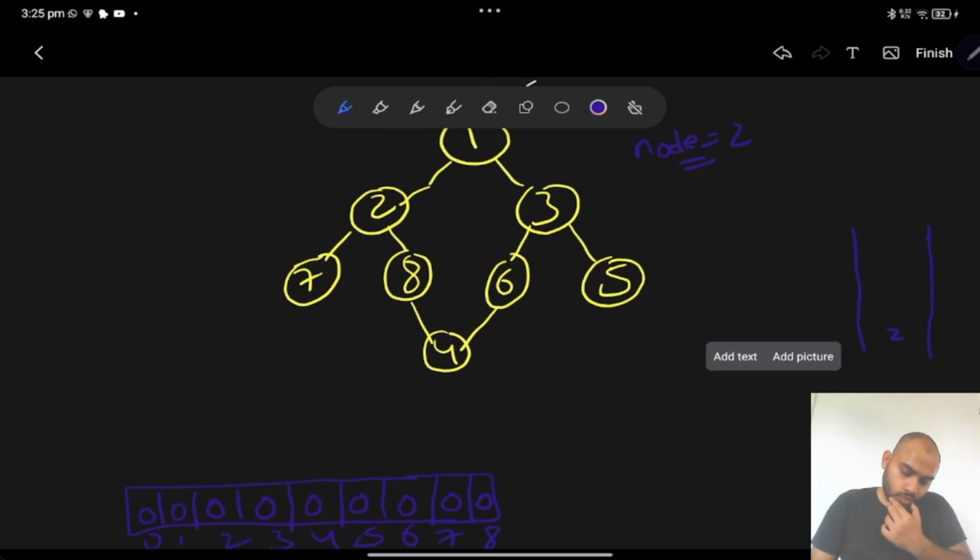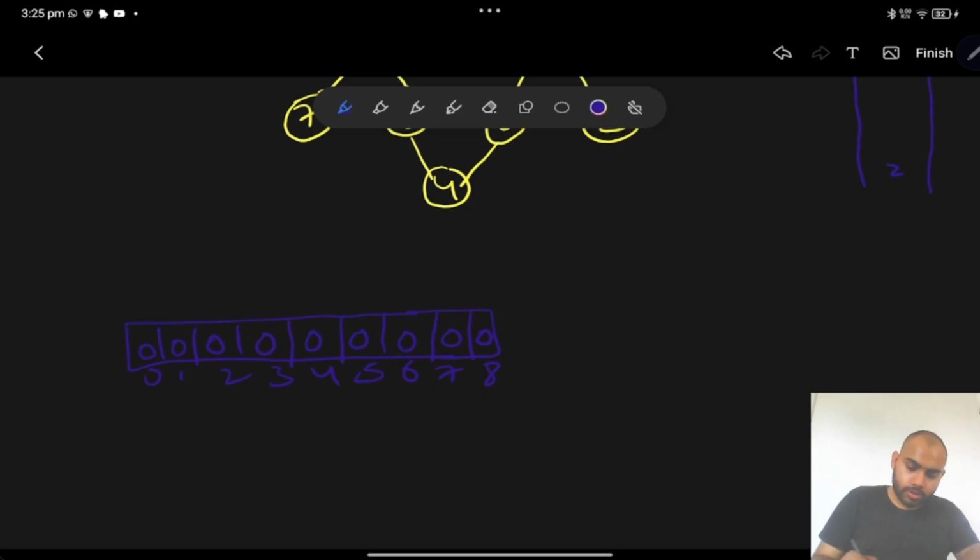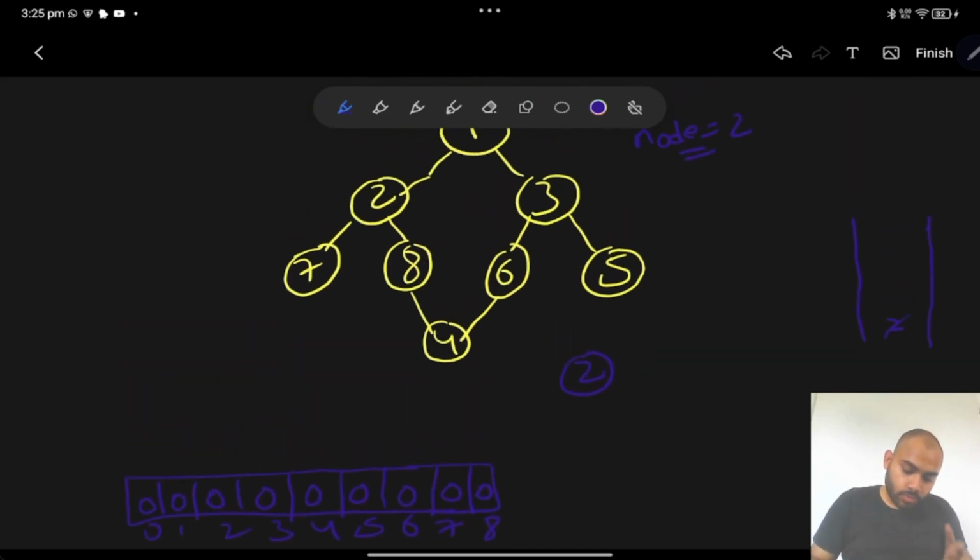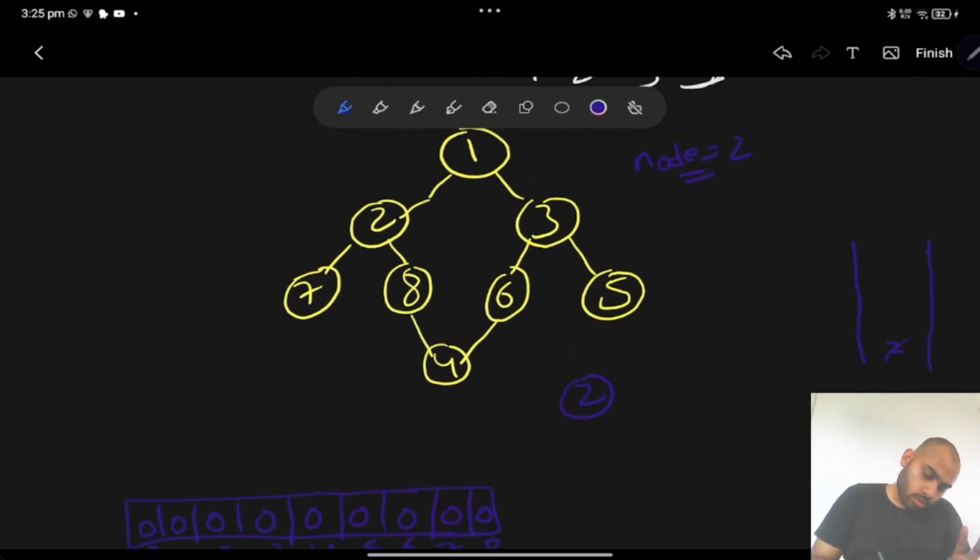Now the starting node is 2. We enqueue it. Now we traverse the graph until all nodes are traversed. We dequeue it, we take 2. Now we explore all the nearest neighbors of 2, that are 1, 8, and 7.